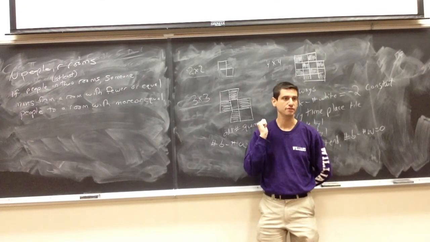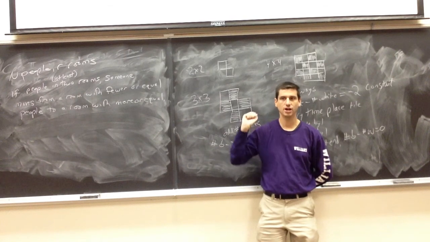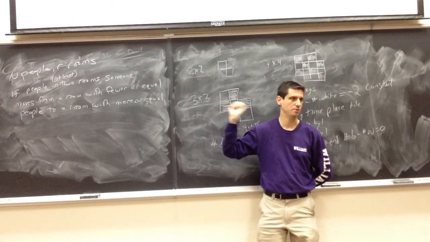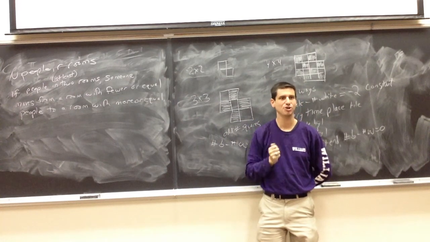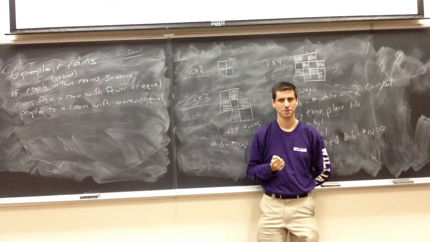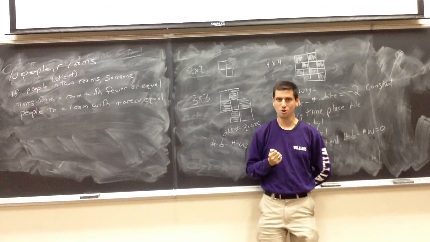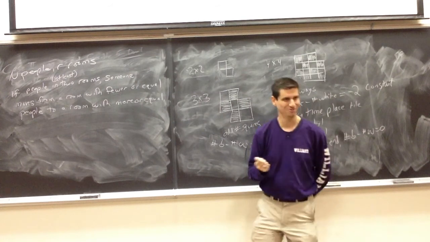There's a much easier version of this problem. So right now, somebody gets up and moves to some room. How could I make this problem really easy? Move to the room with the most people, right?